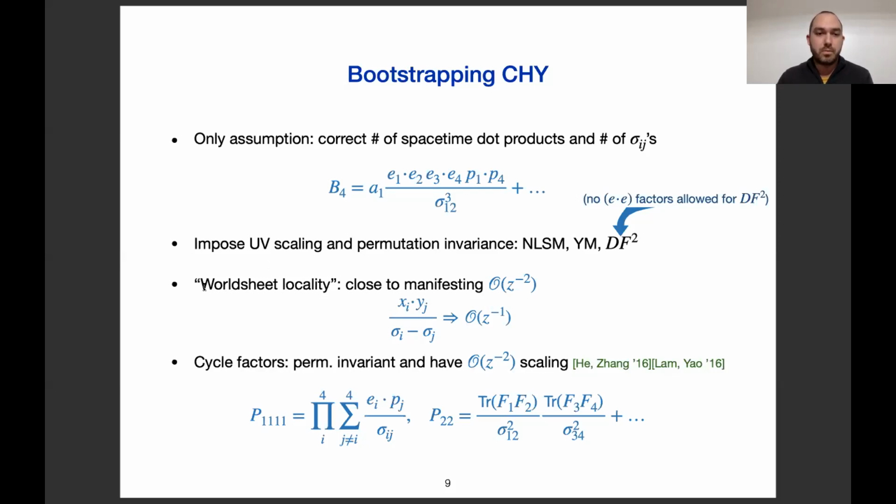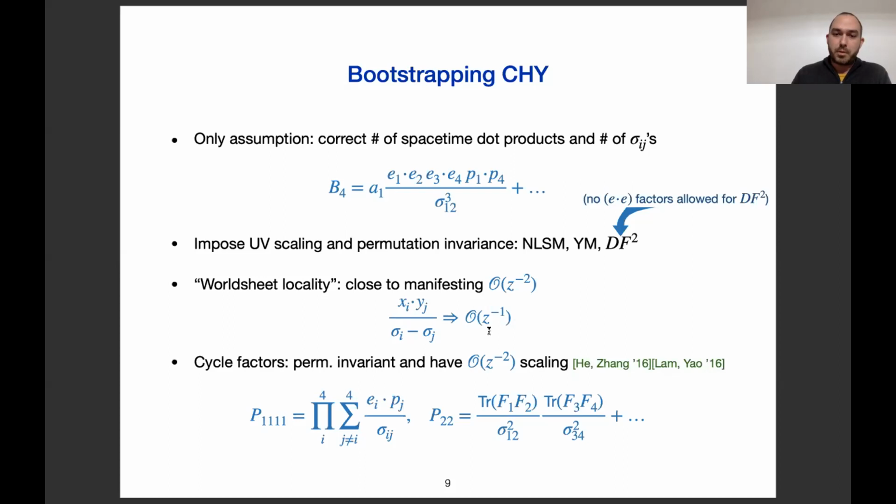So if we assume something we can call worldsheet locality, that is that any dot product xi or yj only comes in this form with the corresponding worldsheet variables, any term of this form does not scale worse than order z to the -1. Whereas we only need this scaling to get the right answer. So compared to Feynman diagrams, where you might need many orders of magnitude to cancel to get the right scaling, for these worldsheet local objects, it's just one power of z that you need to get rid of, and you land on the right answer.